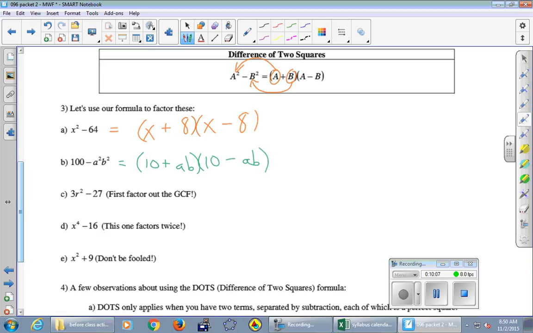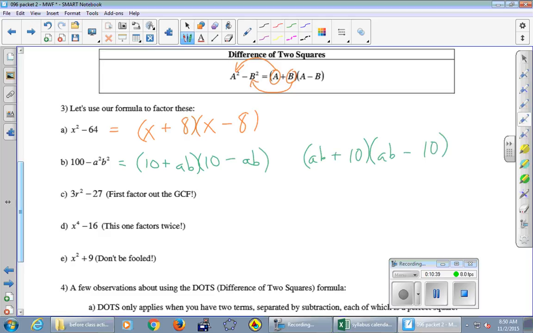One place where folks sometimes go wrong: most of the time the x squared is the first thing you see, which means the x and the x is the first thing that you write. But that doesn't mean that the variable has to be the first thing that you write. In this case, the 100 is the first guy I see, and so the tens need to go in the first spot. You got to keep things in the same order. If you had said, okay, a squared b squared, that's my variable, it has to go first as ab and ab, and then 100 came from 10 and 10, 1 plus and 1 minus.